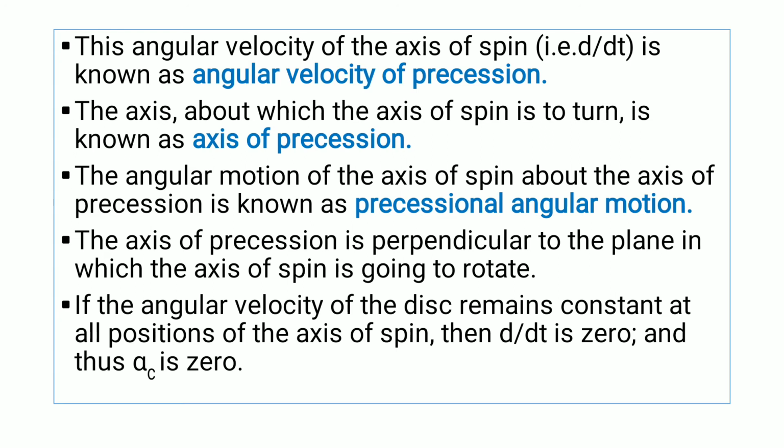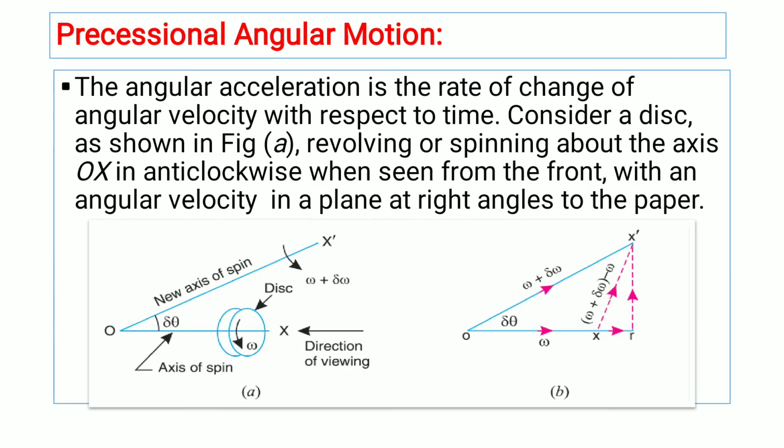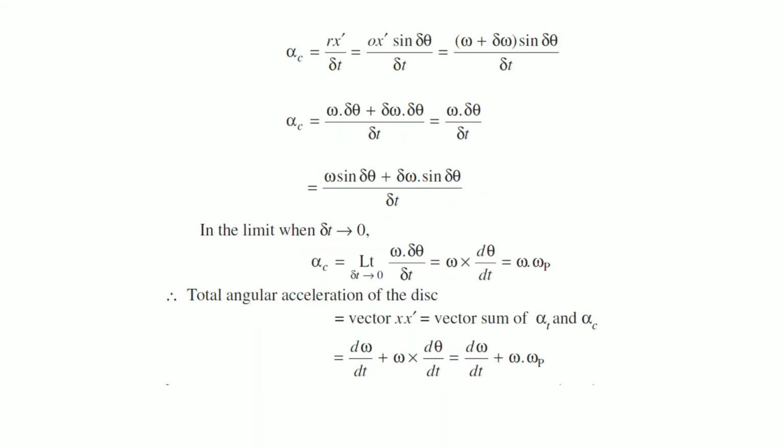Okay. Now if the angular velocity of the disk remains constant at all positions of the axis of spin, then d omega by dt is 0 and thus alpha c is 0. Now let us consider this case, if the change in velocity after rotation of delta theta of the axis of spin remains the same, then we can say that d theta by dt is omega p, the angular velocity of the axis of spin.